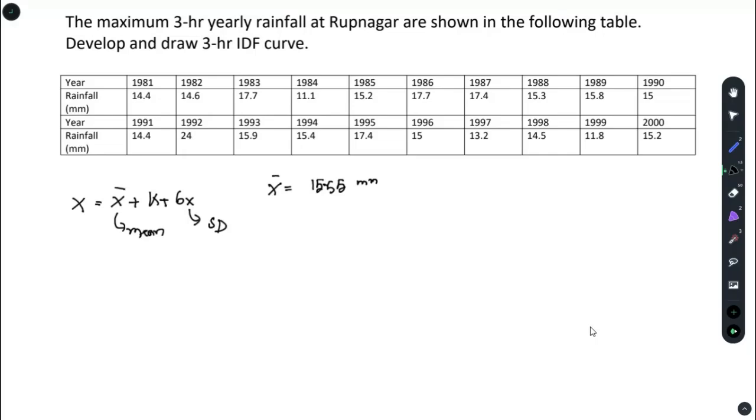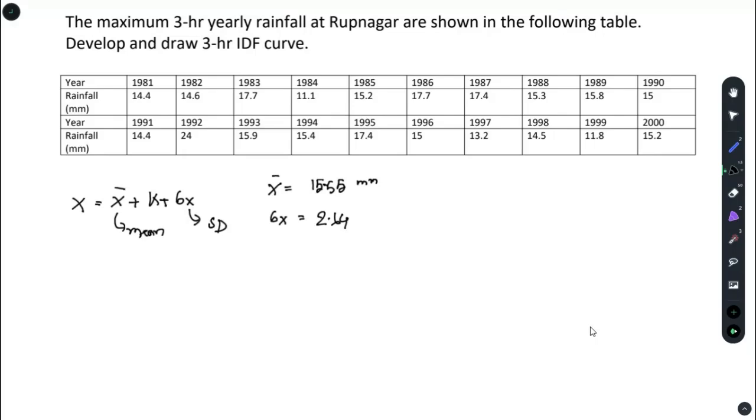Later we'll find the standard deviation, and keep in mind that it's the standard deviation for the sample. Using a calculator you can find it, and here we got a value of 2.64.